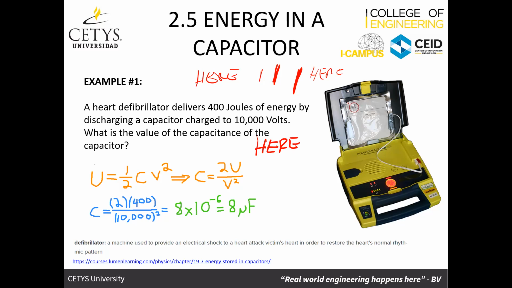So remember the heart defibrillator example when we were talking about equivalent capacitances and all that. That's important, but the application of these, I think, is important as well. Now, by the way, going back to series and parallel, this is the value of the capacitance I need, 8 microfarads. But in reality, you're not necessarily going to be able to go online and say, give me an 8 microfarad capacitor.